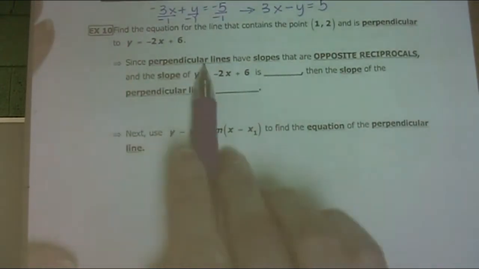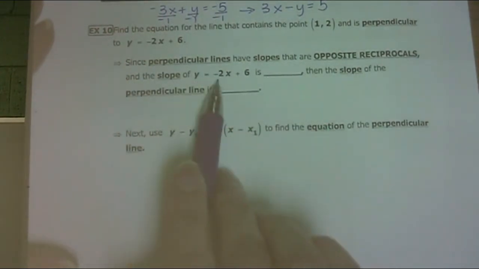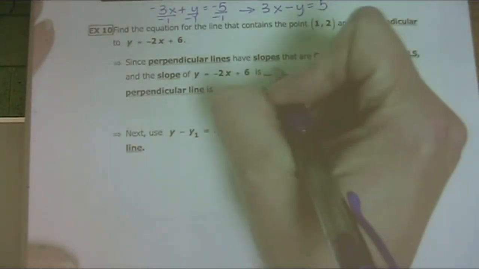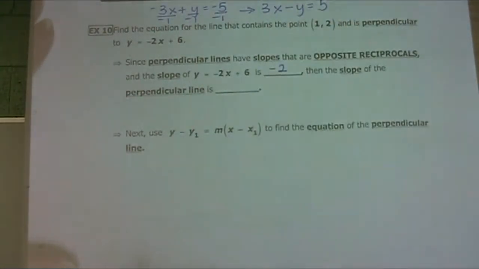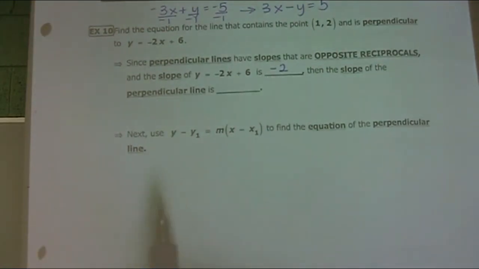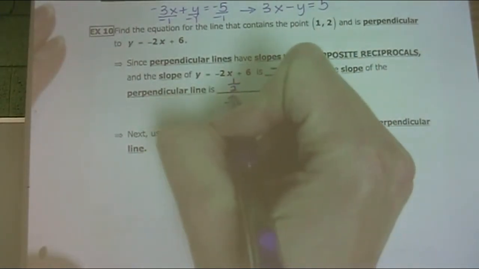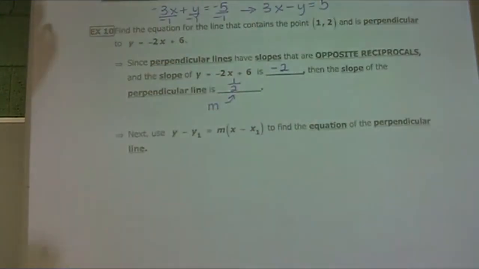So since perpendicular lines have slopes that are opposite reciprocals, and the slope of y equals negative 2x plus 6 is negative 2, then the slope of the perpendicular line is, and we have to find the opposite and the reciprocal. The opposite is that it would be positive. The reciprocal, flip it upside down, and we get 1/2. So this is the slope of our line.